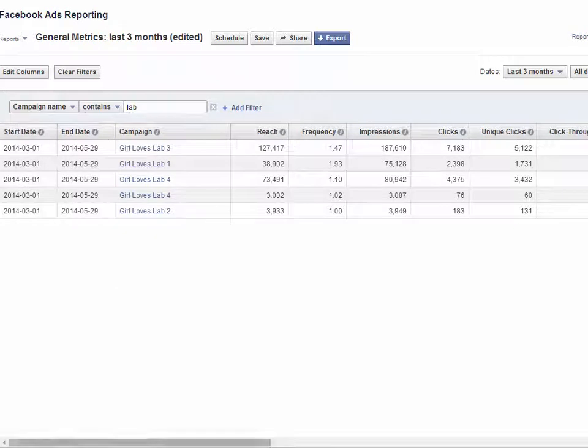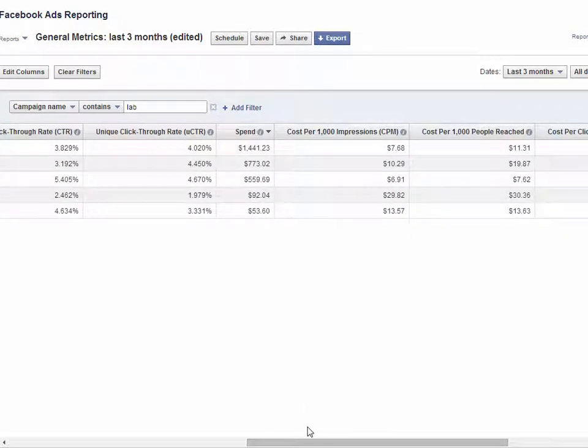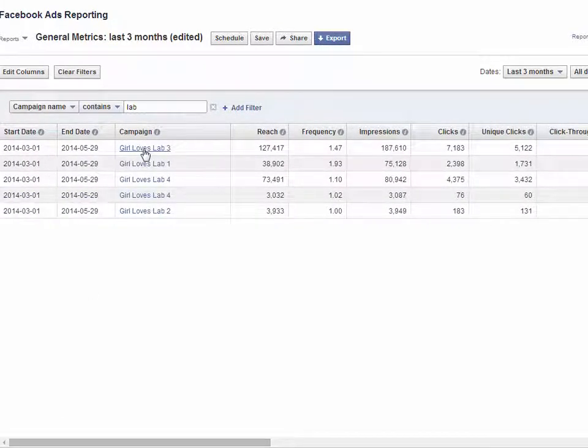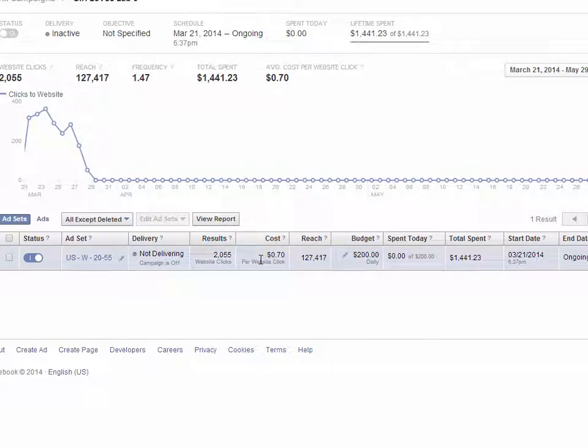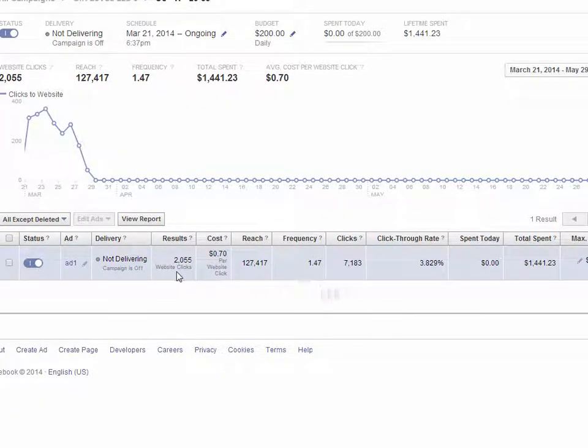Let's go take a look at one of these. Let's see one I spent the most on. The top one there. Let's take a look at the ad here. Look at my targets.